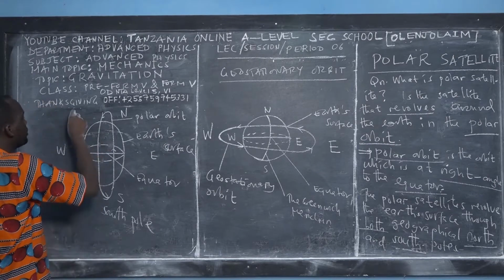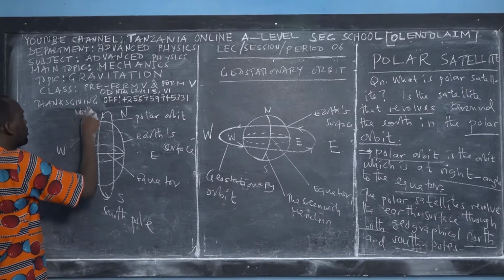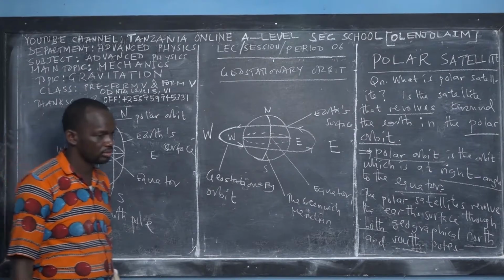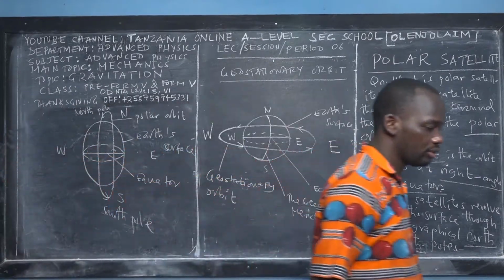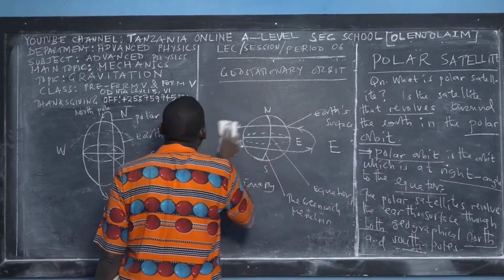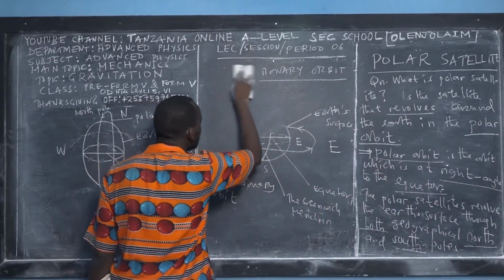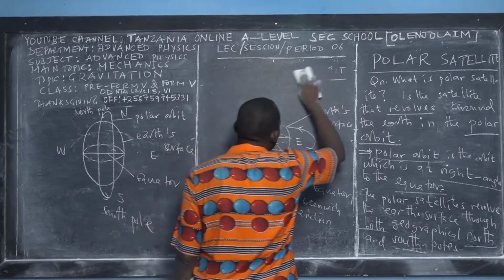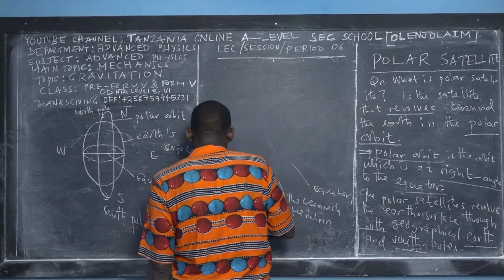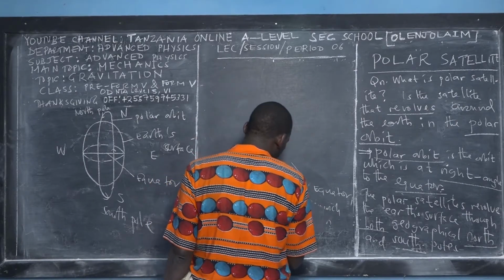And this we call the North Pole. Right? So that is how the polar orbit looks like in practical spacecraft.